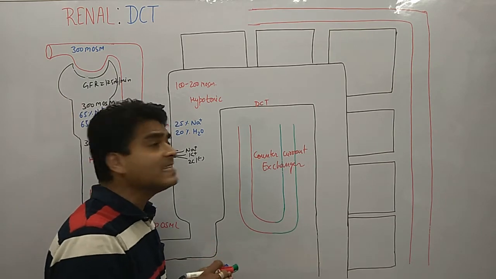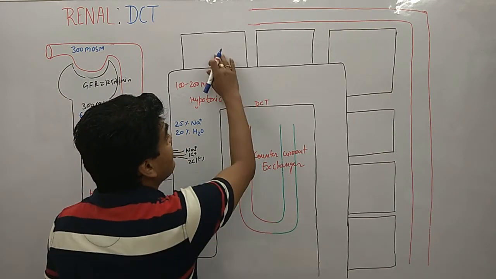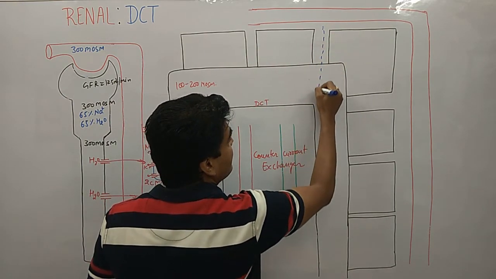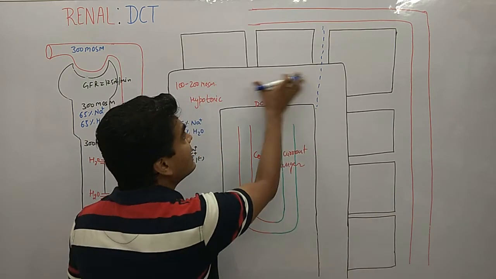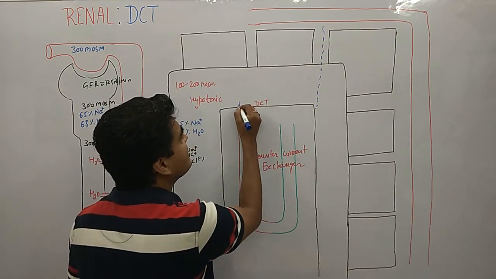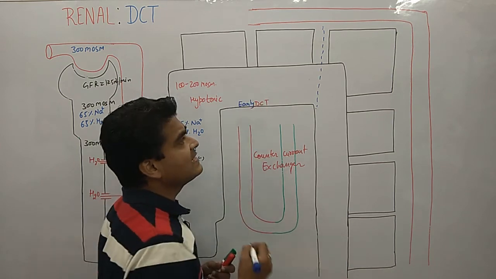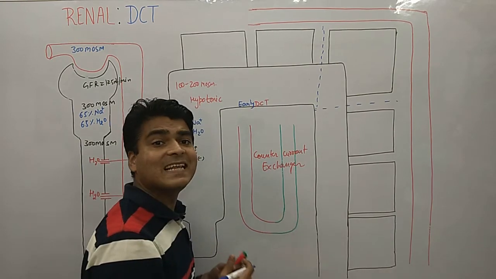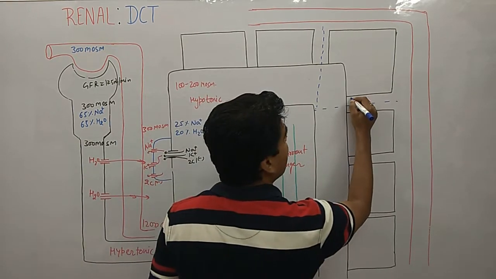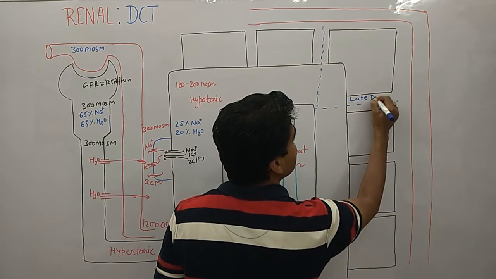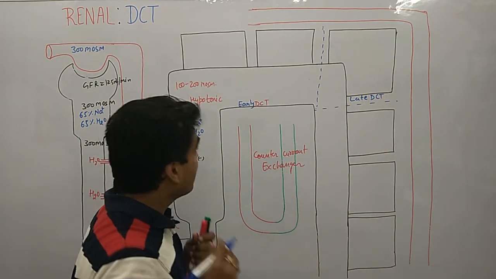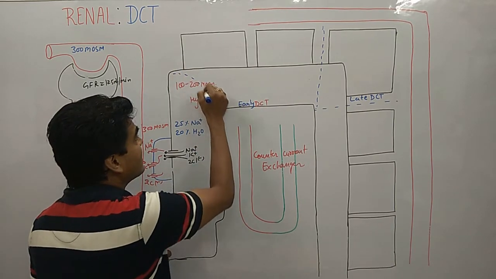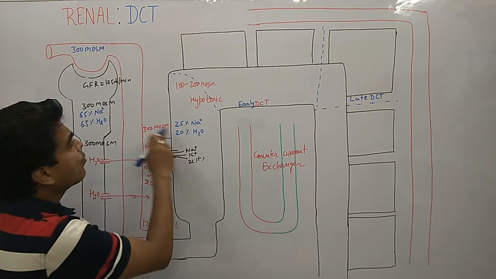Now we divide the DCT into two parts. The earlier part is known as the early DCT, and this part is known as the late DCT. Clear everyone? Now look at these percentages.